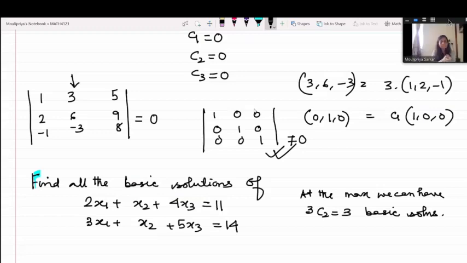If the determinant becomes equal to 0, the solution would no longer be basic, because the corresponding vectors are not independent in nature. That is the reason why I'm mentioning that at the max we can have 3 basic solutions. So this implies we will be having one non-basic variable at a time.